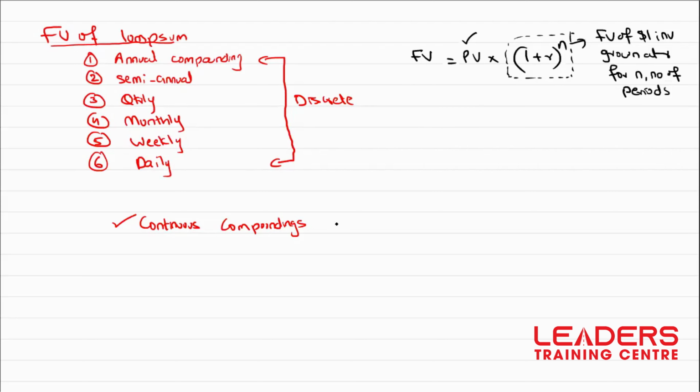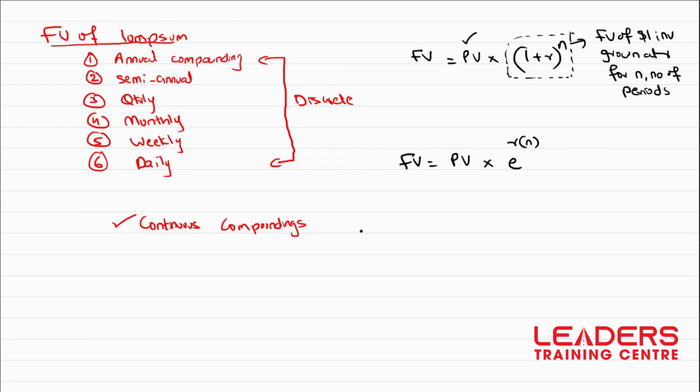When it comes to continuous compounding, here's what we do. We use this particular formula, which is the expression, which is simply future value equals present value times exponential function for continuous compounding to the power of r multiplied by n. Before I talk about what result this would actually give to you, let's first understand what is r in this case.